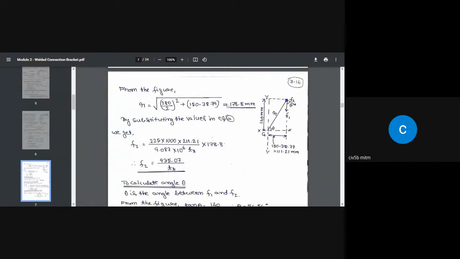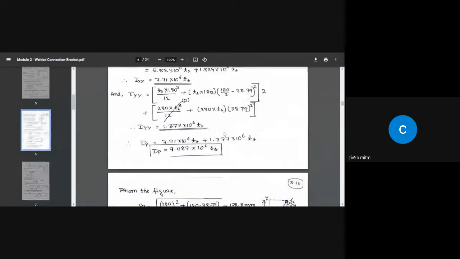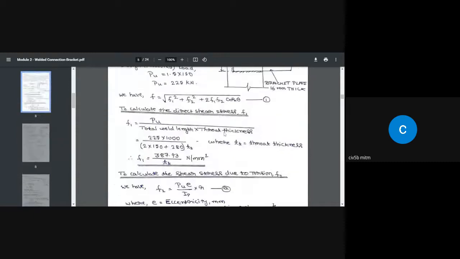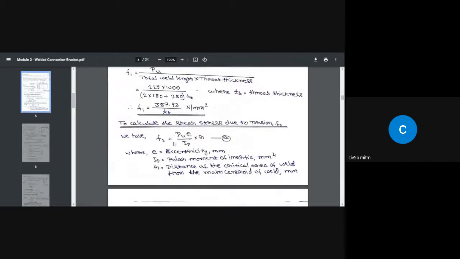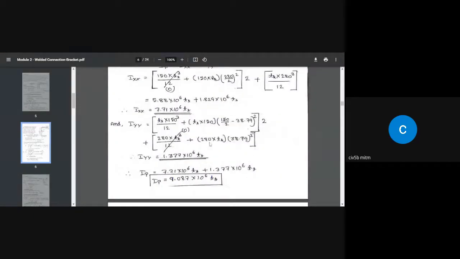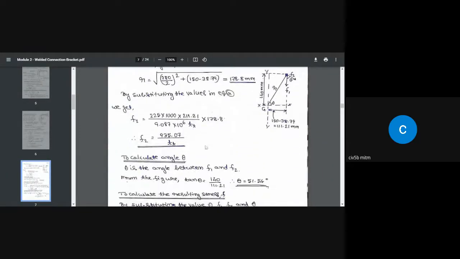By substituting all the values in this equation, we get the F2 value equal to 935.07 divided by Tt. Next, we need to find out theta. F1 is calculated, F2 is calculated. The next thing is we need to find out what theta is. This is the angle theta.